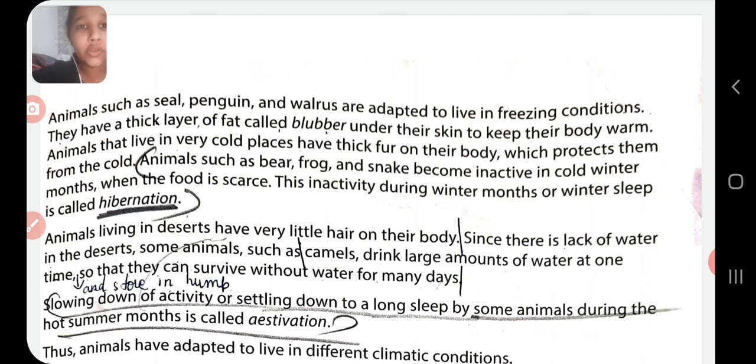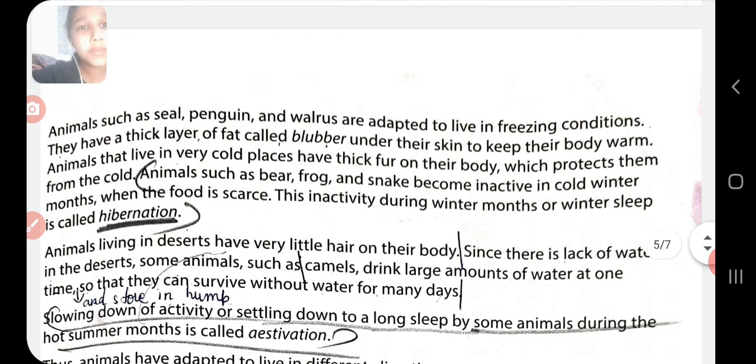Animals that live in cold places have thick fur on their body which protects them from cold. Animals such as bear, frog and snake become inactive in cold winter months when the food is not there.